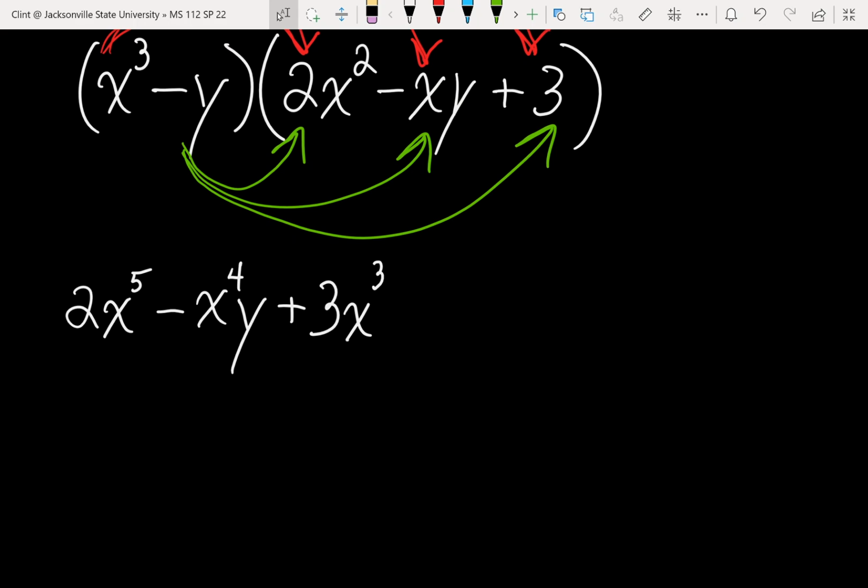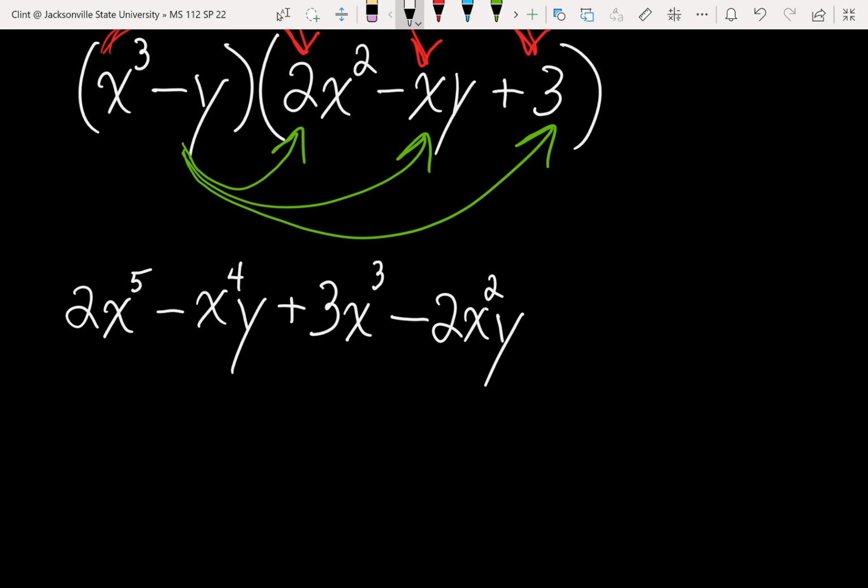Now we've got to be a little careful on this next one because we have a negative y, so we've got to really keep track of the signs. So negative y times 2x squared, it's going to be negative 2x squared y. If you put negative 2yx squared, that's not wrong.